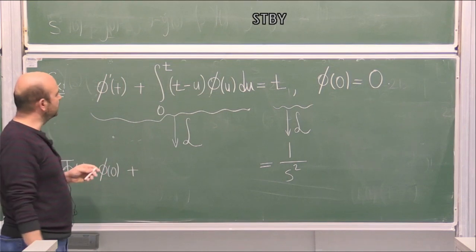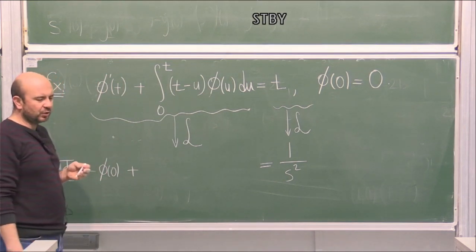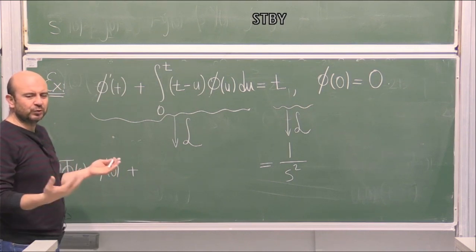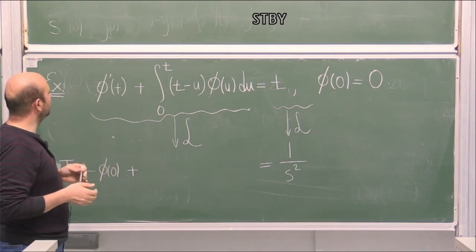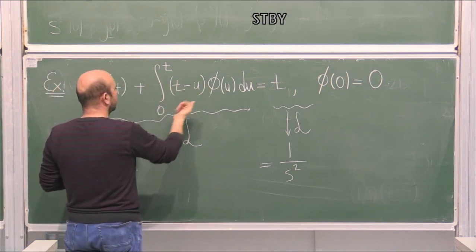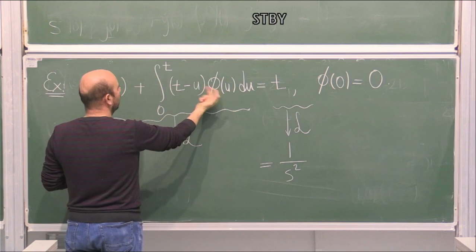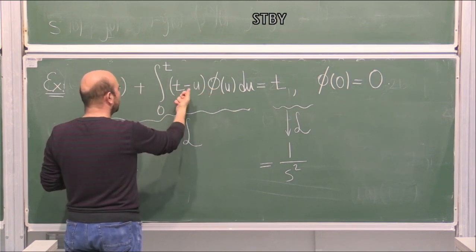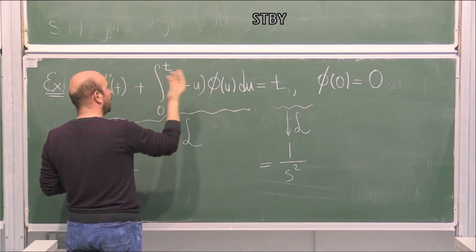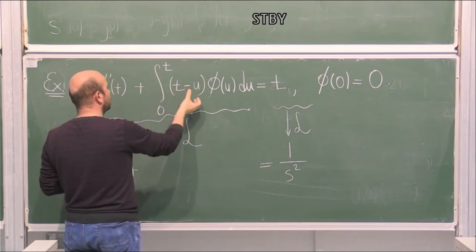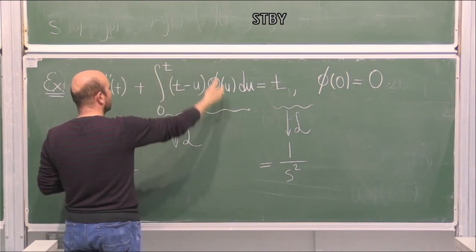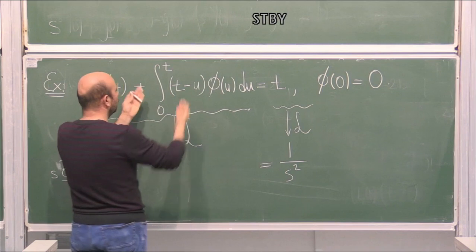But if you look at this, it is actually a very nice integral because it's a convolution of two functions. And what are those functions? If you look at the definition, you are basically convolving phi, your unknown function, with another function. You are writing t minus u, and you are getting t minus u, so that function must be t. So this is just the convolution of t with phi.